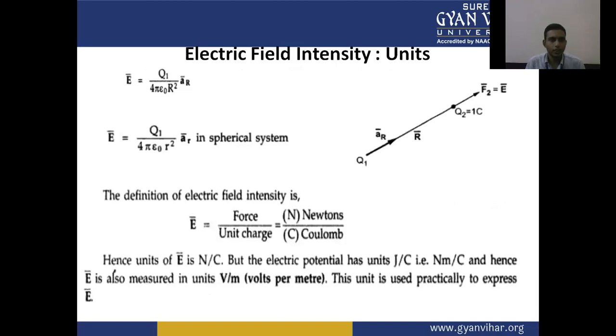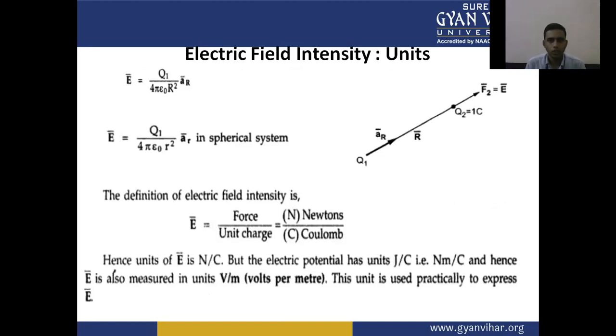So E, the electric field intensity, is defined by Q1 upon 4 pi epsilon naught R square in the direction of R. Q1 is the charge and Q2 is another charge, whose value is 1 coulomb.